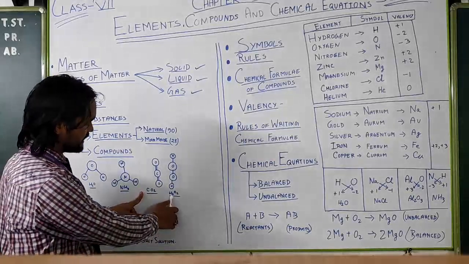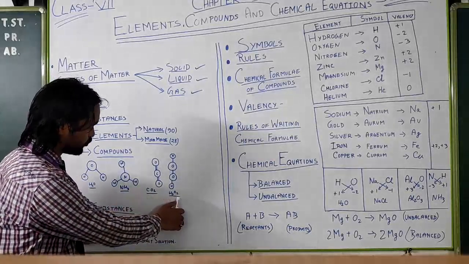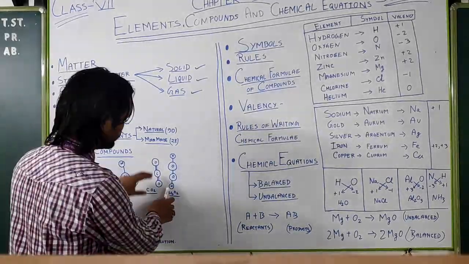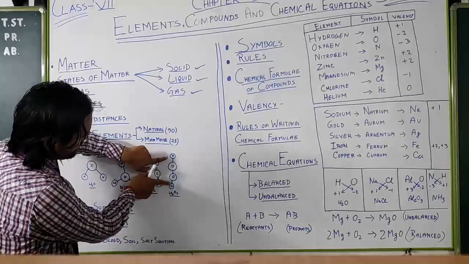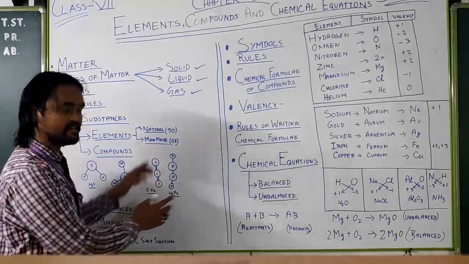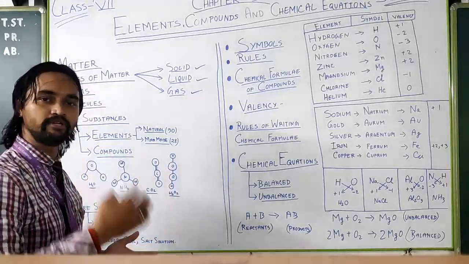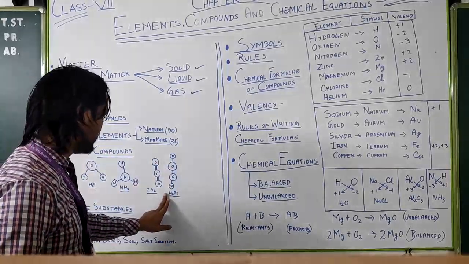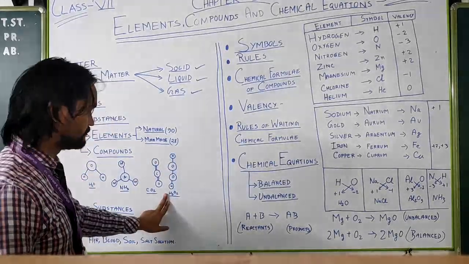If we see hydrogen peroxide, H2O2, here we can see 2 atoms of hydrogen and 2 atoms of oxygen that react with each other and they produce the single molecule of hydrogen peroxide.